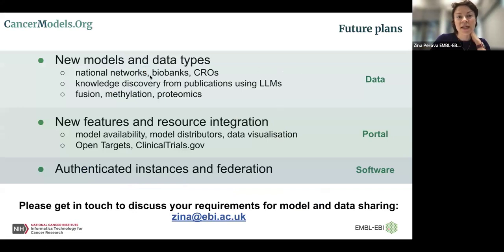In terms of the data, we are initiating collaborations with national networks, biobanks, and contract research organizations to increase the number of models in the resource, especially focusing on those models that are underrepresented. I mentioned that we have only 10% of pediatric models and 5% of rare cancers, and we are particularly interested in expanding it to include more models from ethnic minority backgrounds.